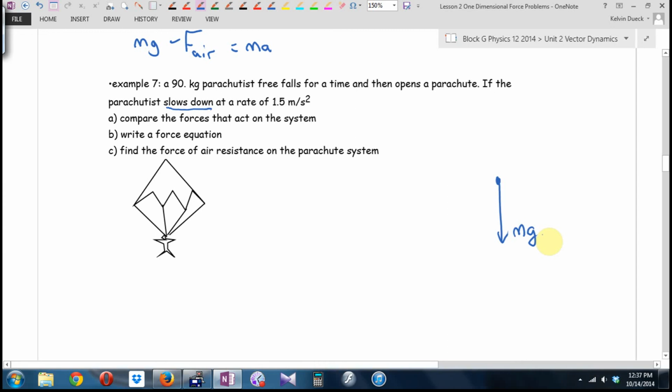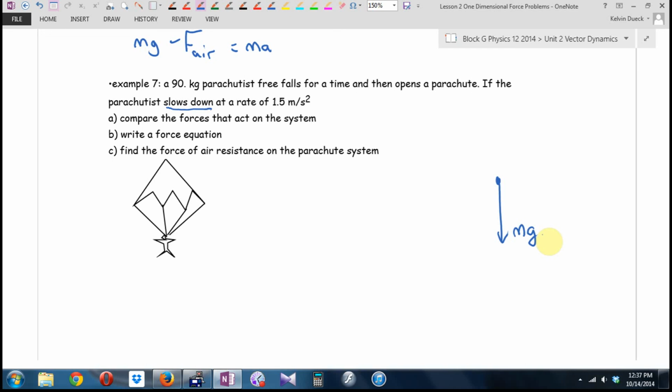What else? Yeah, you call it F parachute, but since part C says find the force of air resistance, I think they want me to call it air resistance. Am I going to draw air resistance bigger, smaller, or the same size as mg and convince me? What word did I underline?